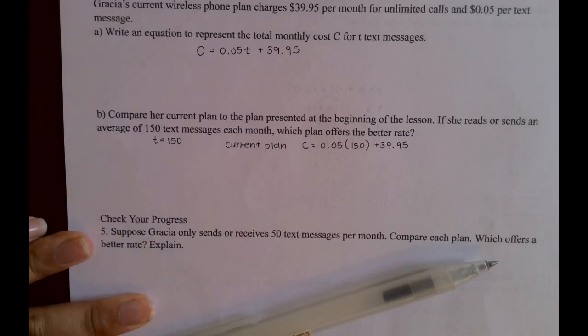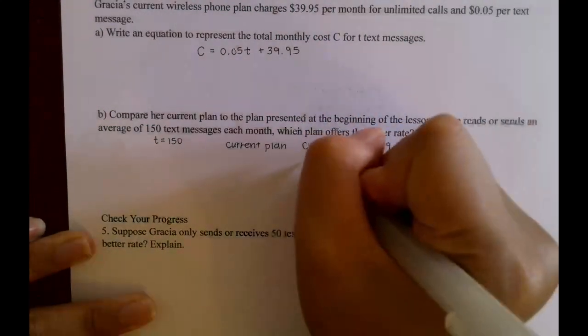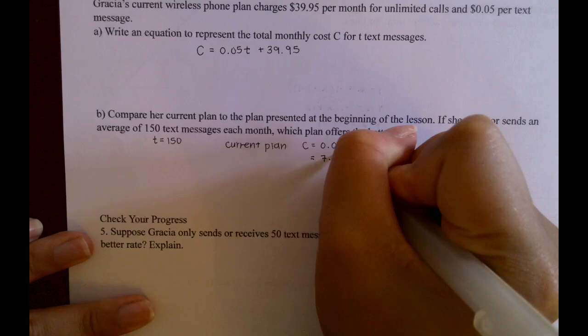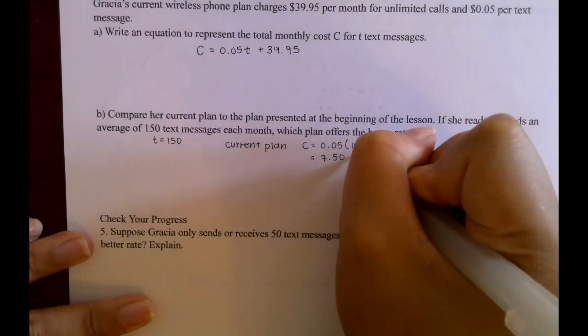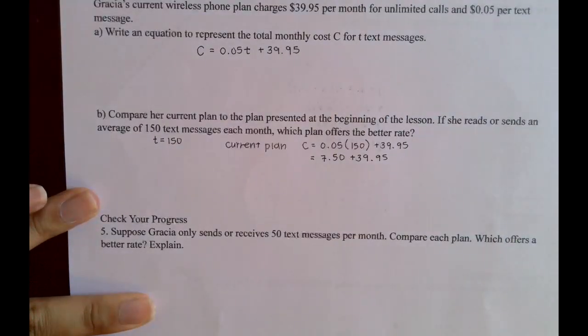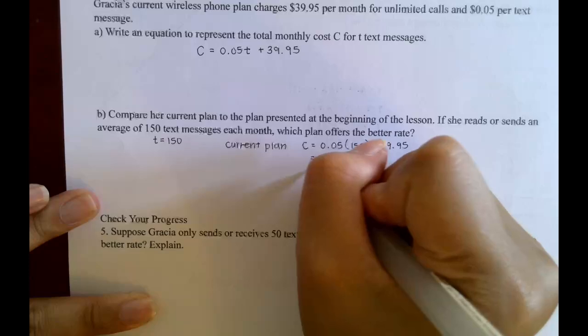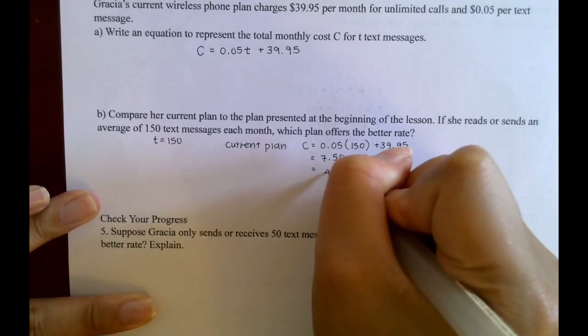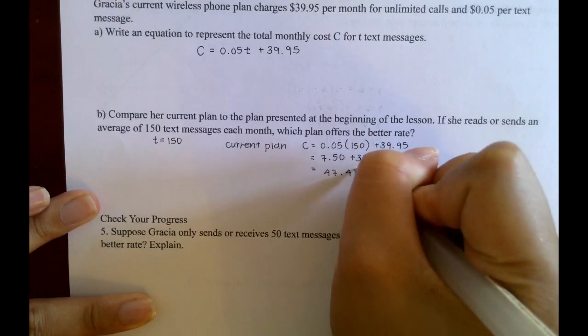So then let's do the math. 5 cents times 150 gives me $7.50, so 7.50 plus 39.95 gives me 47.45.